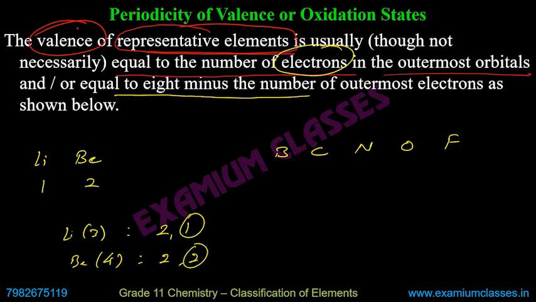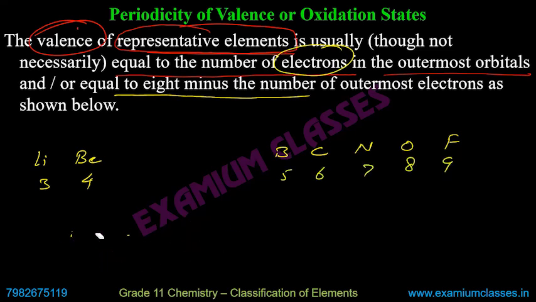Now here boron, carbon, you can get the valence electrons by writing the configuration. So I am first writing atomic number 3, 4, 5, 6, 7, 8, 9. So you can write the configuration also. From there also you can get the valence electrons. It is easier in this case because there are very few electrons. Atomic number is very small.